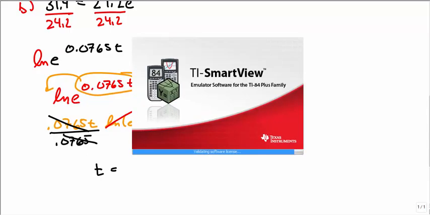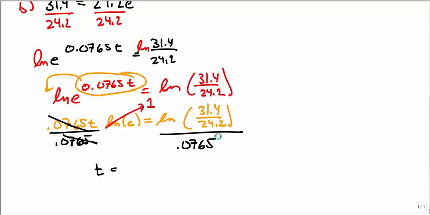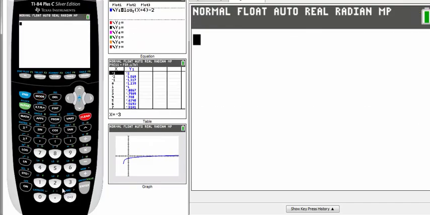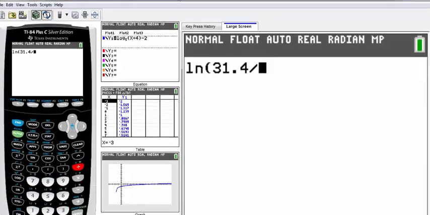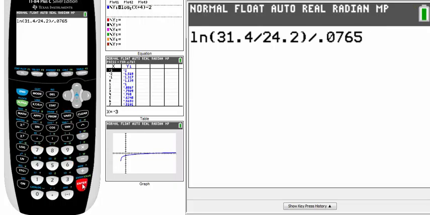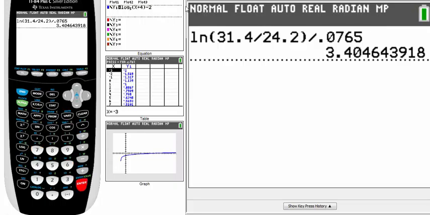We'll have the natural log of 31.4 divided by 24.2. So that's all in the argument of the log. And all of this is divided by the 0.0765. Okay, so let's see what we get for an answer here.